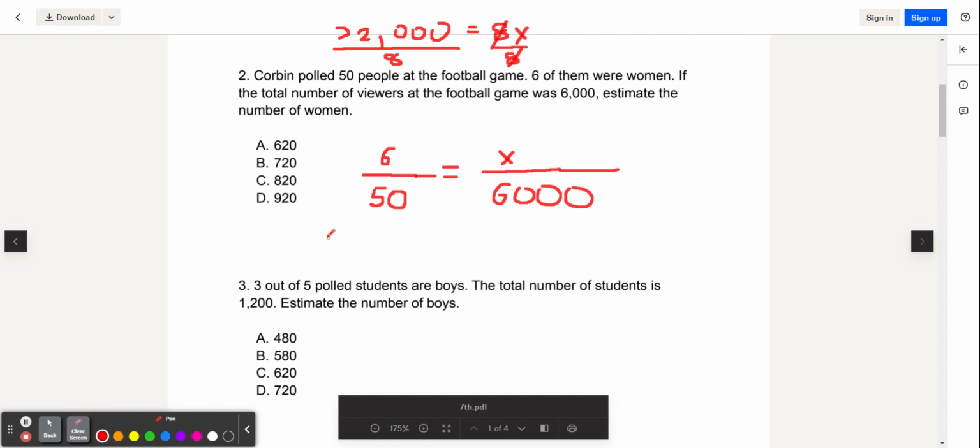So 6 times 6,000 is 36,000 equals 50 times x, which is 50x. Then we divide both sides by the coefficient 50 to isolate x. You get a very large number, as is expected. 3,600 divided by 5 is 720 women.